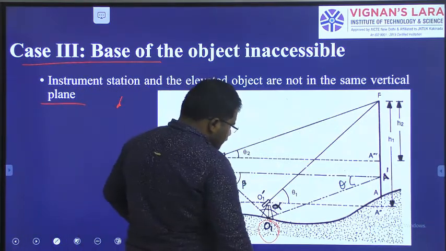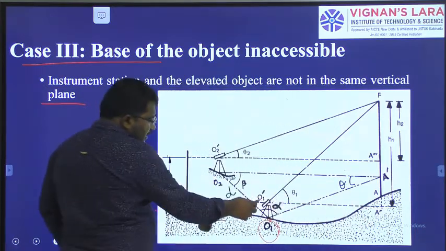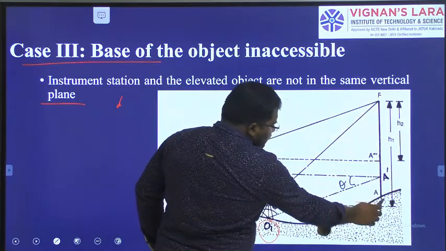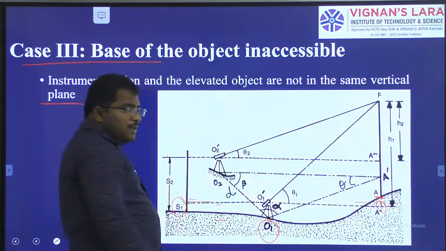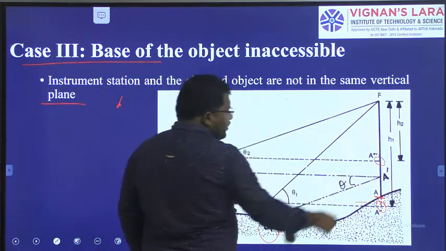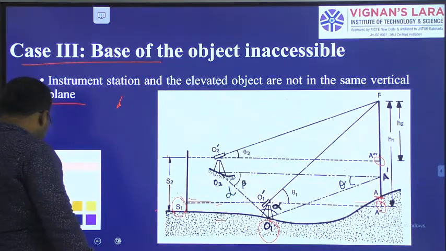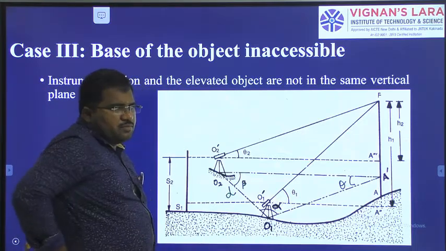So now you can see, if you are sighting with the instrument, but we are not able to access the base. Normally in the previous class, in some cases it is going to intersect, but it is not there in this case.